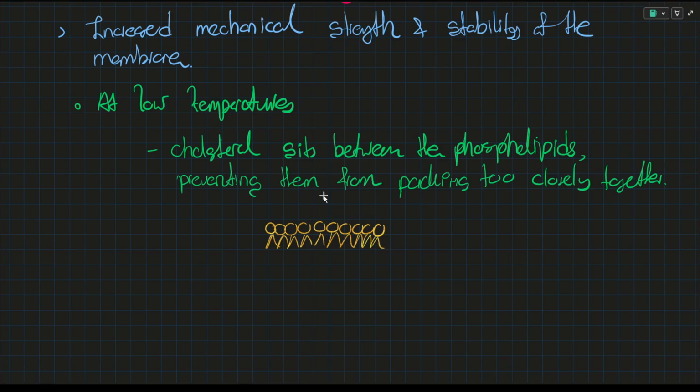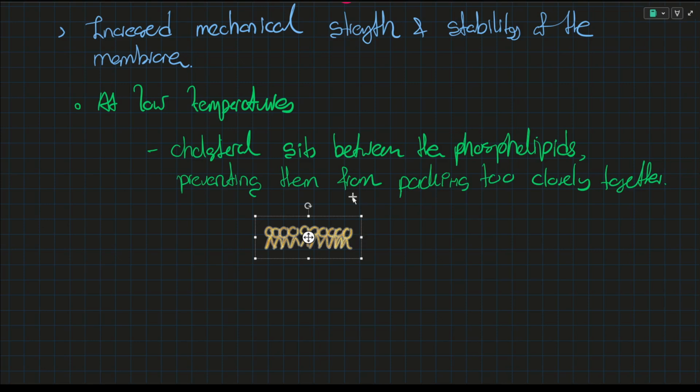Now, if these phospholipids pack together too much, there's a very high chance that the membrane itself collapses, that the membrane itself will break. Nobody wants that. We want it to maintain a threshold fluidity. What do I mean by a threshold fluidity? That's something I came up with right now. Simply speaking, not too hard, not too soft.